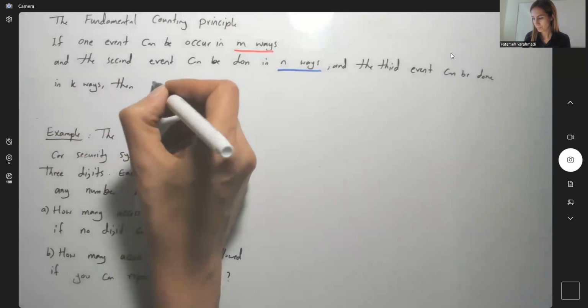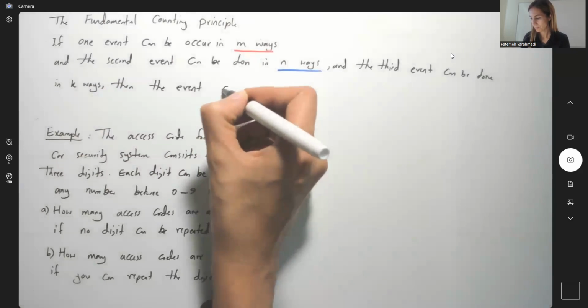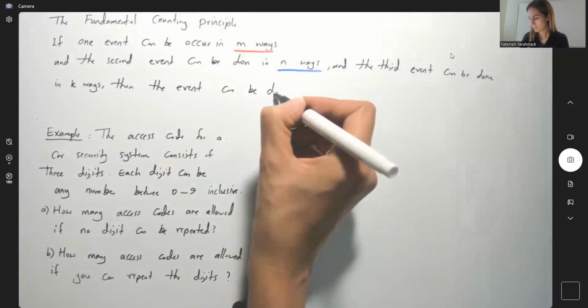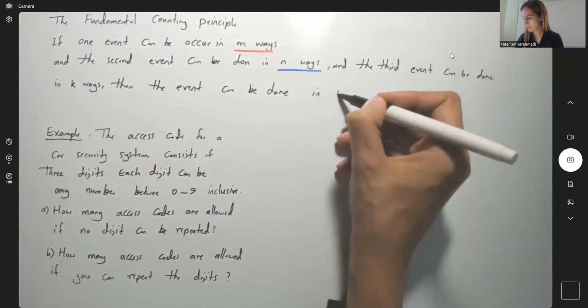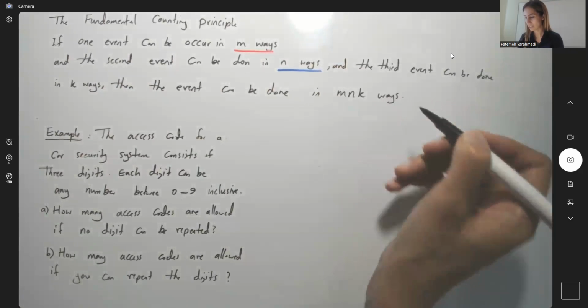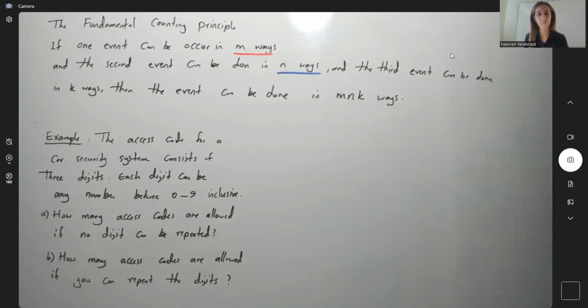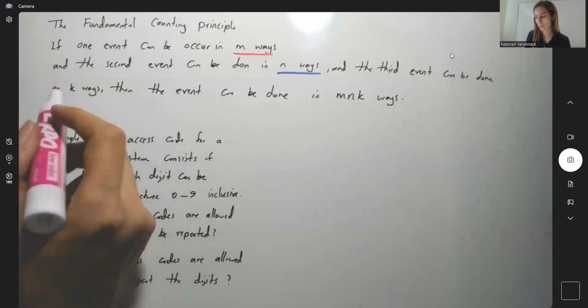Then the events can be done in m times n times k ways. We can just generalize this principle to have as many events as you want.